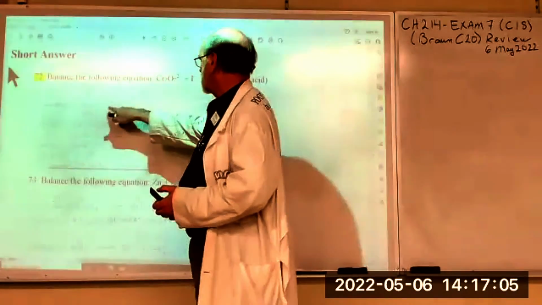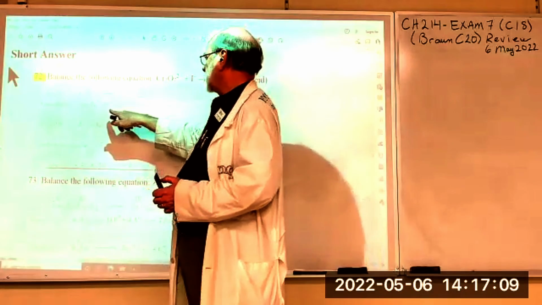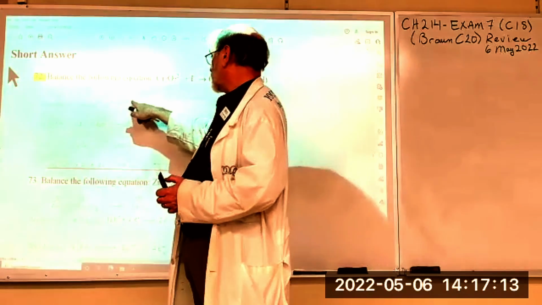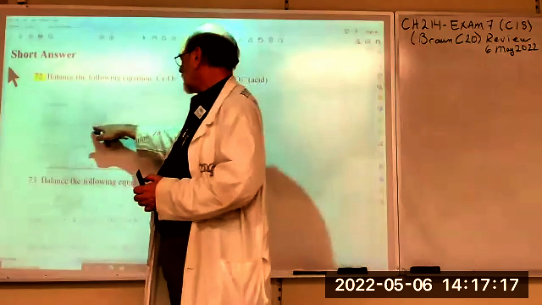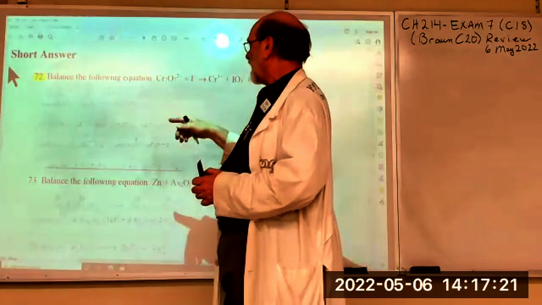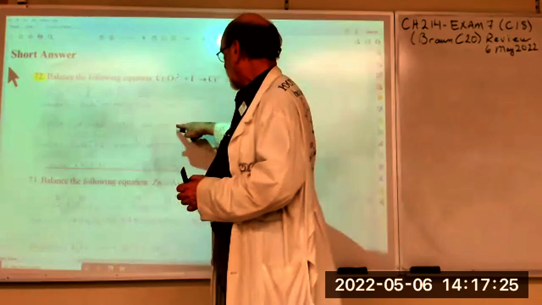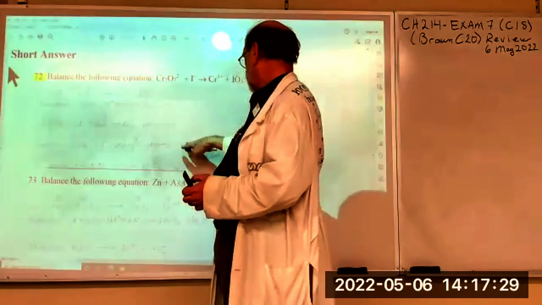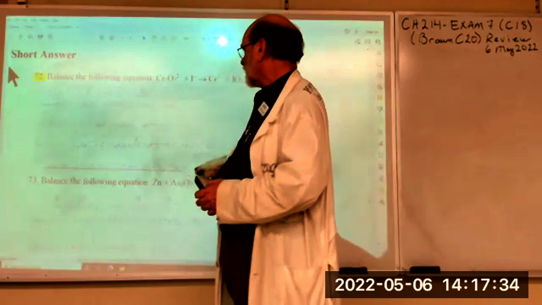So reduction, we're going from +6 chromium to +3. So we're adding electrons to make the chromium ion. And then we're taking the iodide ion and going from -1 to +5. And then we've got 6 electrons here, 6 there, so we can add them straight together. And there's your balanced equation.